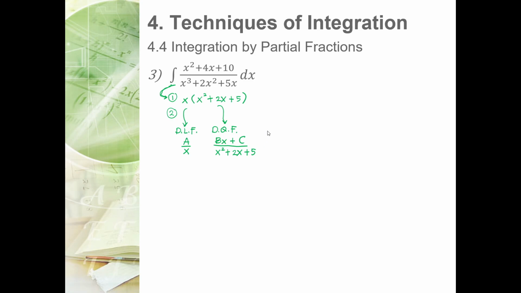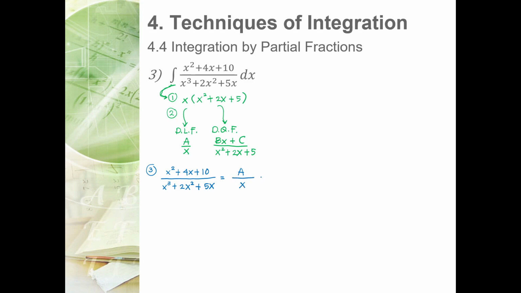Okay, so next step is you're going to solve your partial fraction. So writing the original equation first: x squared plus 4x plus 10 all over x cubed plus 2x squared plus 5x is equal to the partial fraction decomposition determined in the second step.